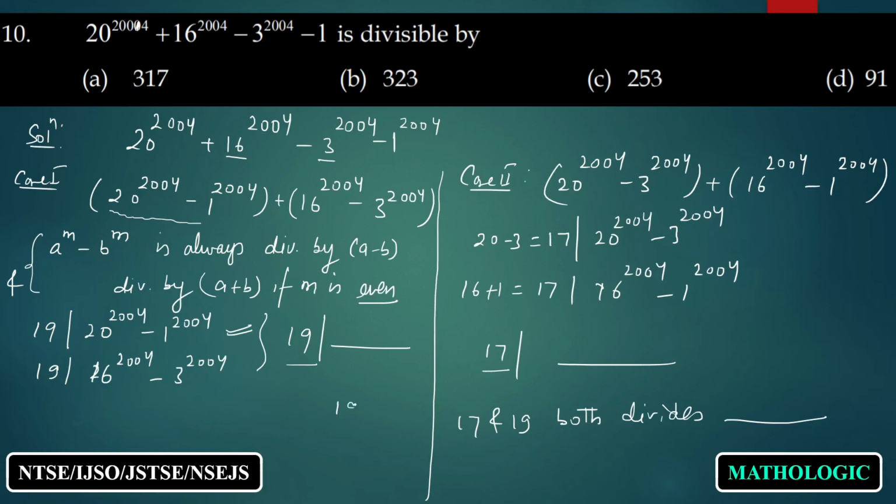If I multiply 19 with 7, I will get 133, and 19 over here. On summing up, I get 323. So 323 will divide the whole expression which is given over here. So we can say 323 is the answer for this problem.